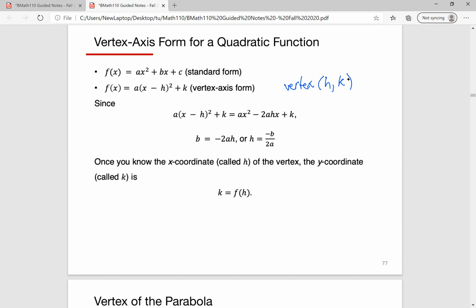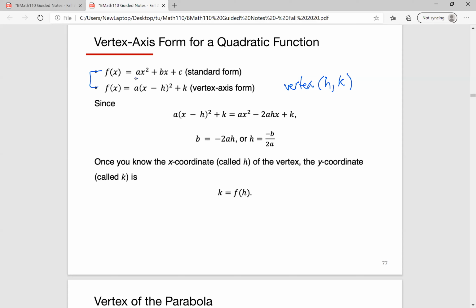And you want to ask, what is h and what is k? In order to find h and k, we let these two forms equal each other, since they are both just f(x).